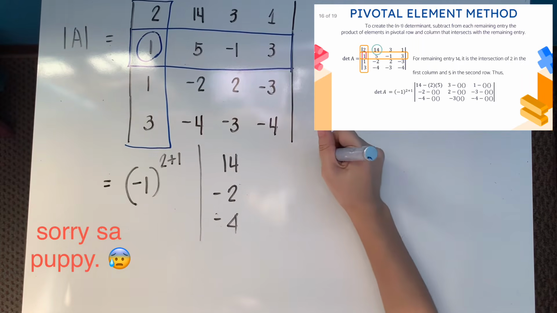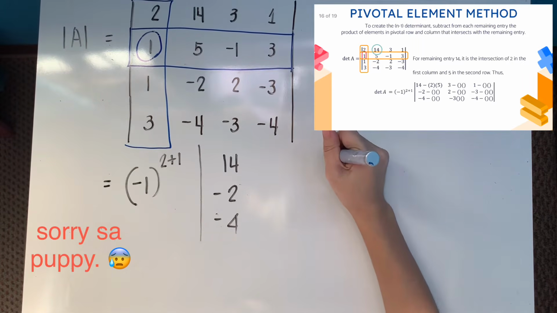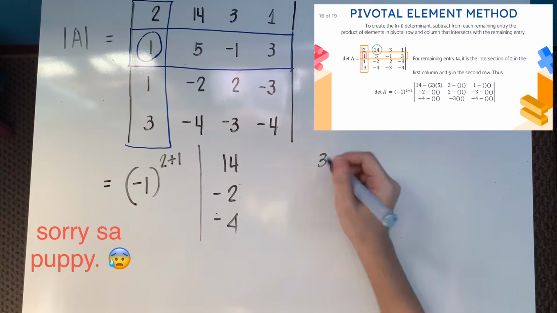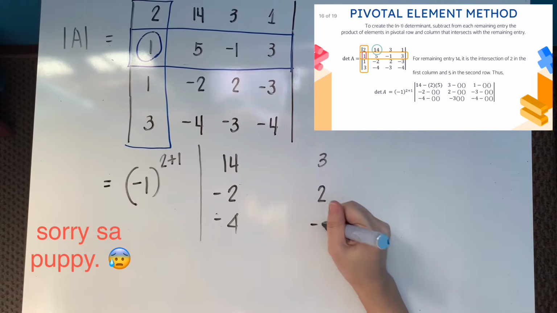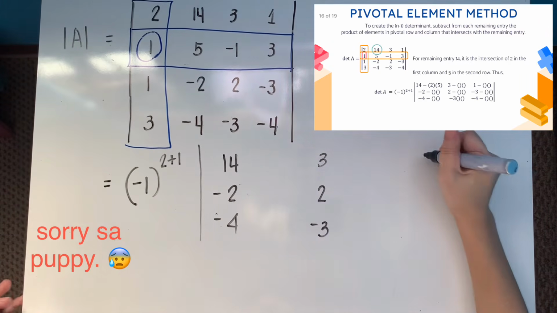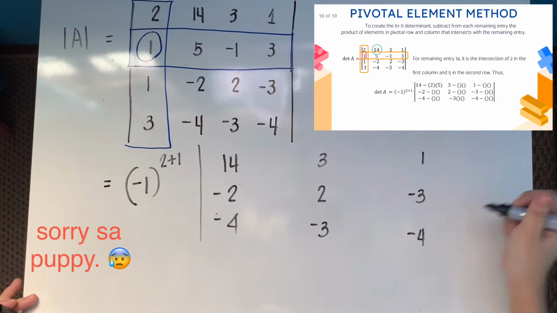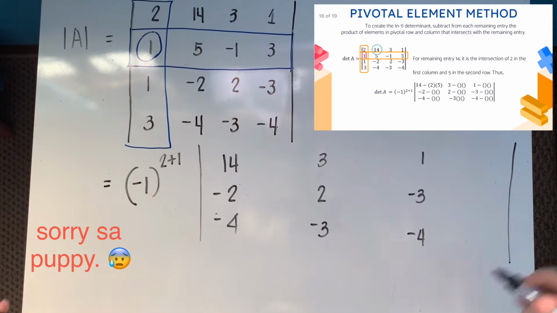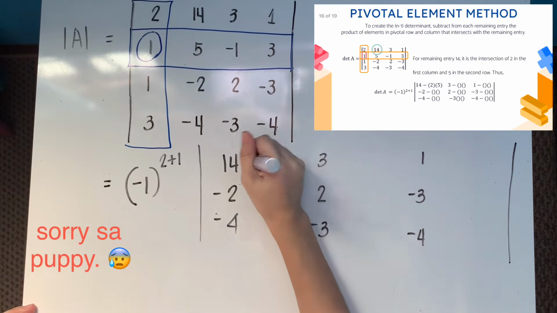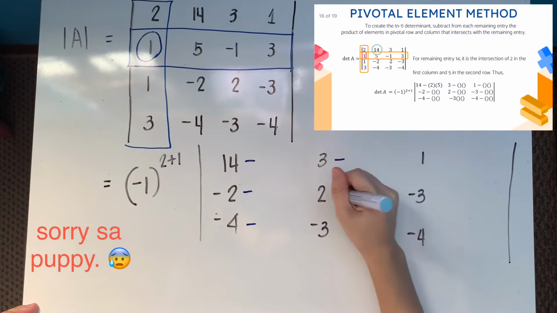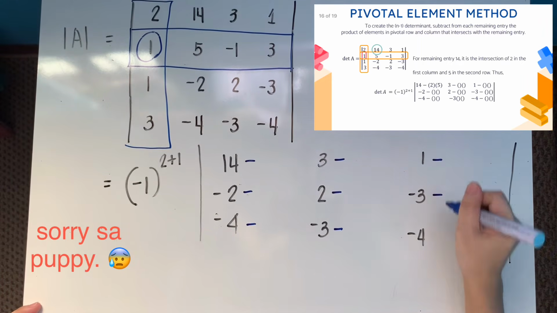And then you have 3, 2, and negative 3. Then on the third column, we'll have 1, negative 3, and negative 4. Okay. After that, you're going to subtract from each remaining entry. Magbabawas tayo dito ng product. So, we're going to subtract all of this by a product.